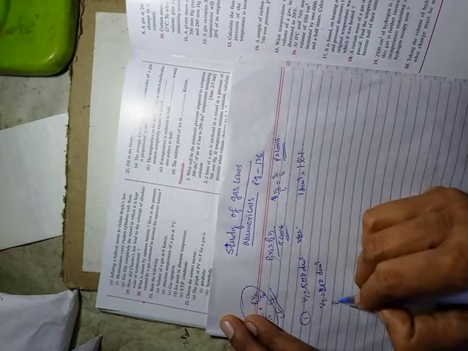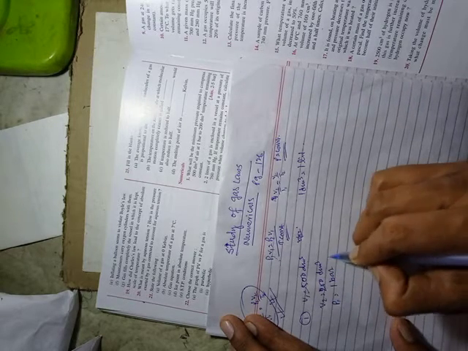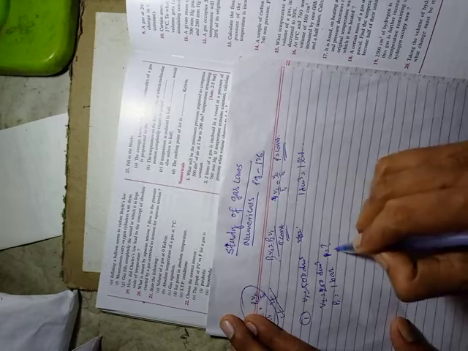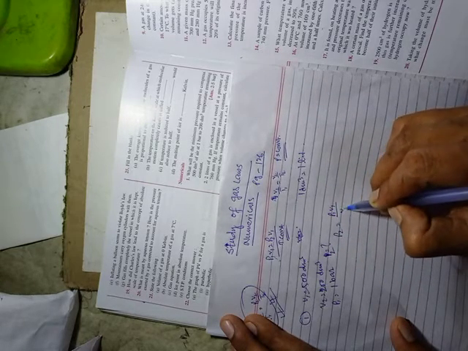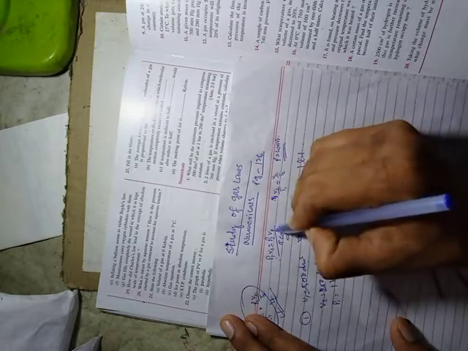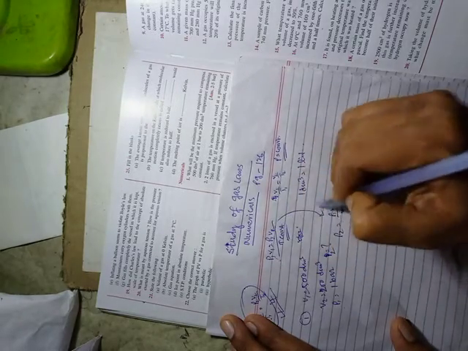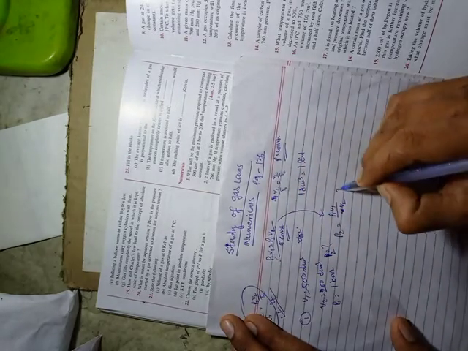Pressure P1 is equal to 1 bar, so P2 you need to calculate. Students, you know P2 is equal to P1 V1 by V2, or you can apply the formula and easily calculate it.